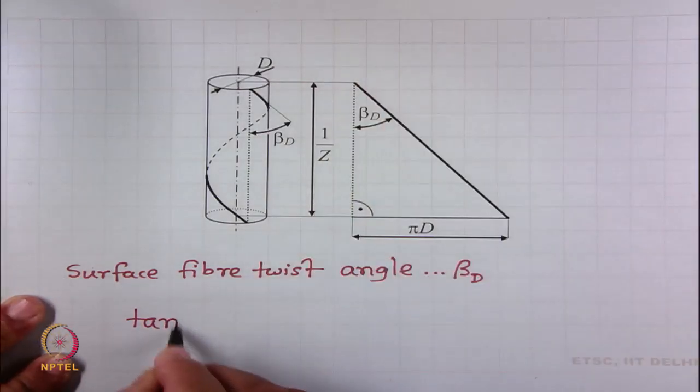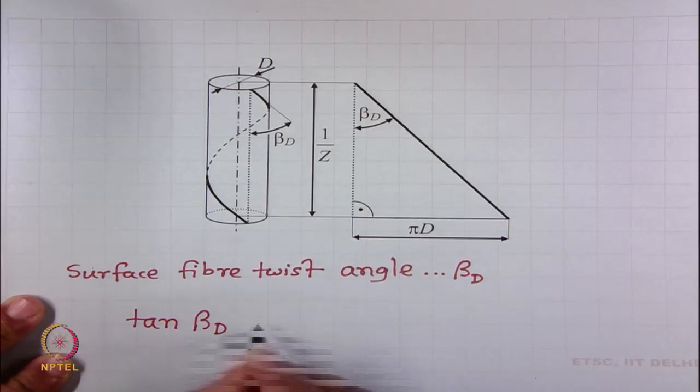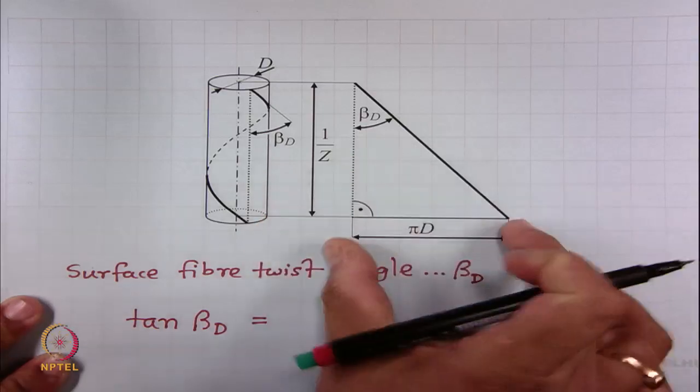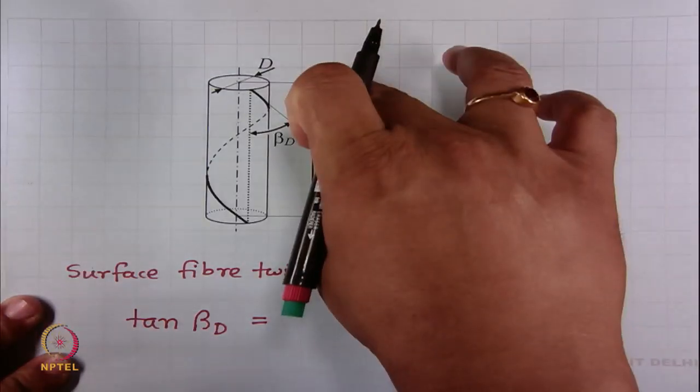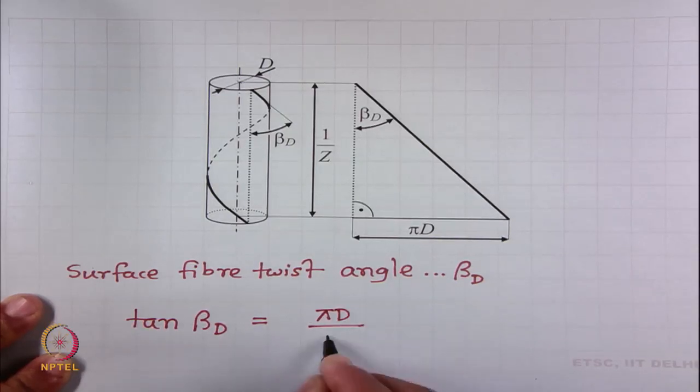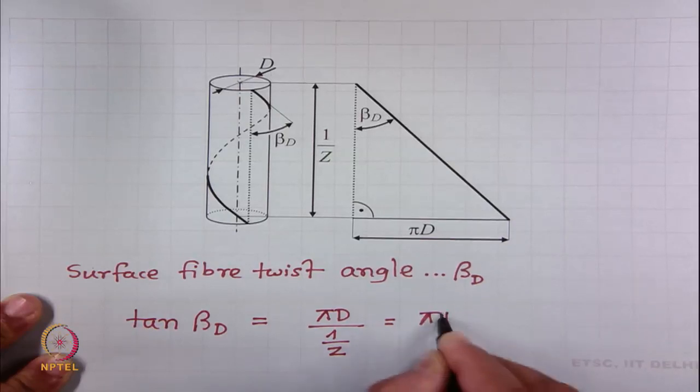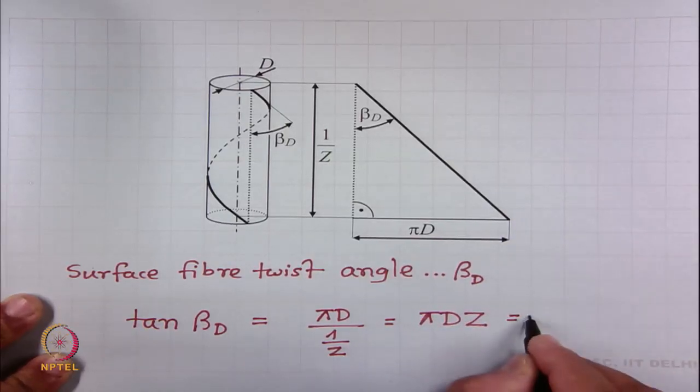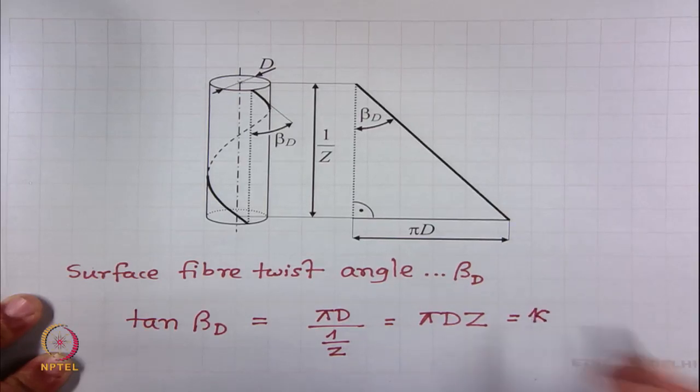Let us find out what this angle is. So, tangent of beta d, tangent of this angle, is this divided by this. So, pi d divided by 1 by z. So, pi d z. What is pi d z? Twist intensity, kappa, as we just learned.